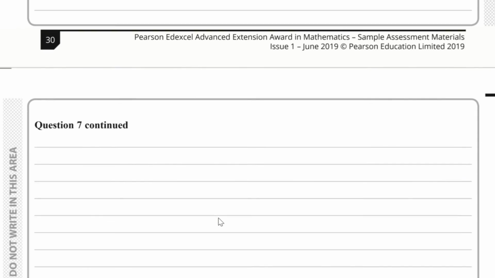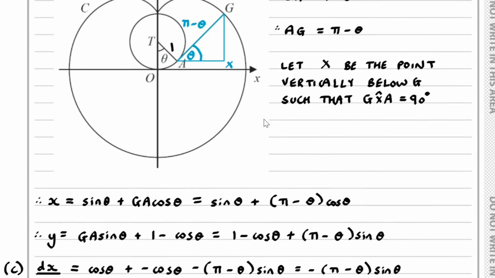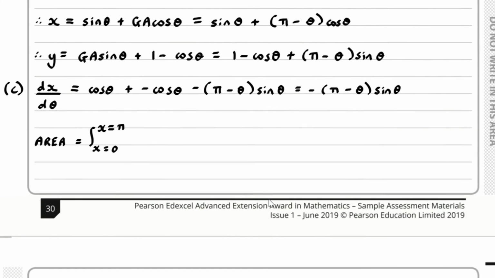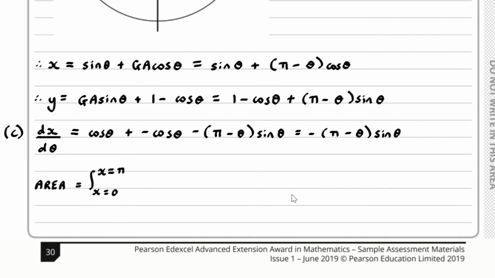So the area, we're going from x equals 0 to x equals pi, and that's because in Cartesian form we are at 0 here, and then we go to pi, and then we've got the function y, which is, well, let's just open up brackets.